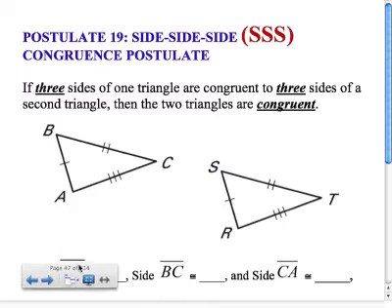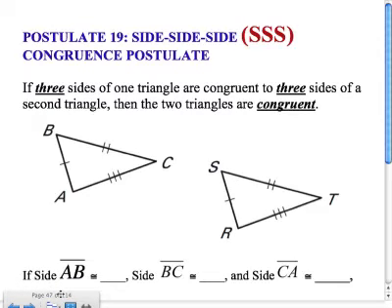All it says is that if three sides of one triangle are congruent to three sides of another, then the two triangles have to be congruent to each other. So in other words, if I give you two triangles, ABC and RST, clearly AB and SR are congruent, BC and ST are congruent, and AC and RT are congruent.